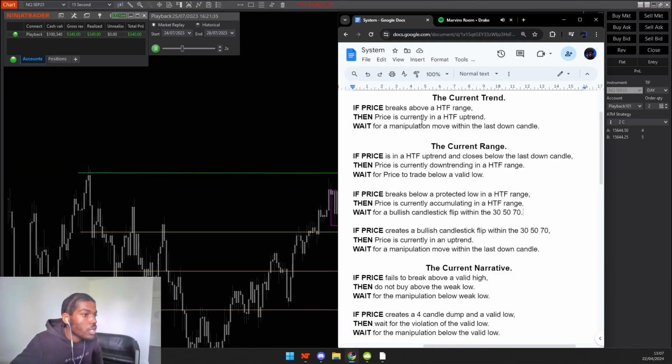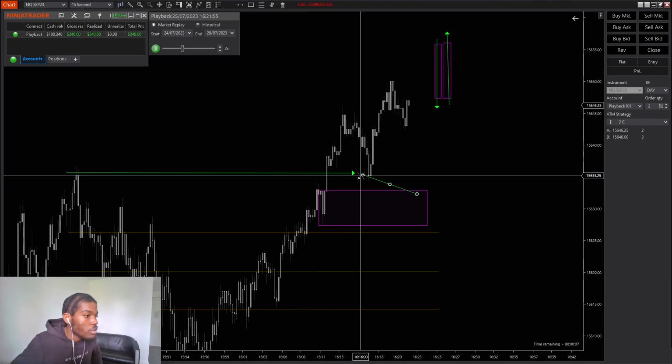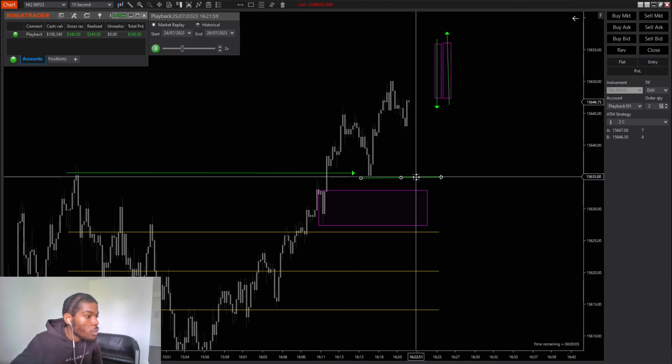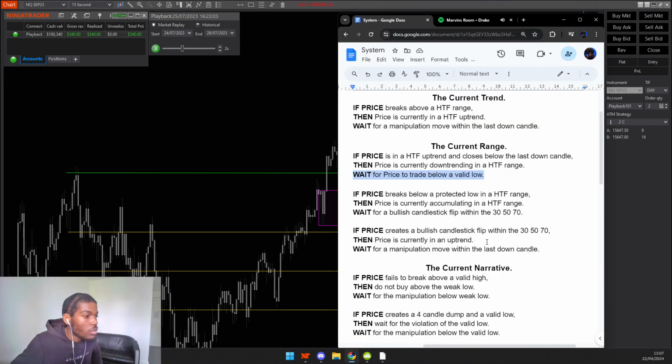If price is in a higher time frame uptrend and closes below the last down candle, then price is currently downtrending in a higher time frame range. Wait for price to trade below a valid low. Where's the valid low? Right there. After you wait for price to trade below a valid low, if price breaks below a valid low in a higher time frame range, then price is currently accumulating in a higher time frame range, right?